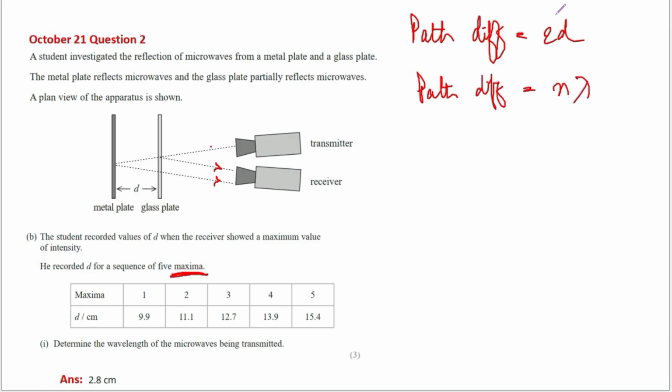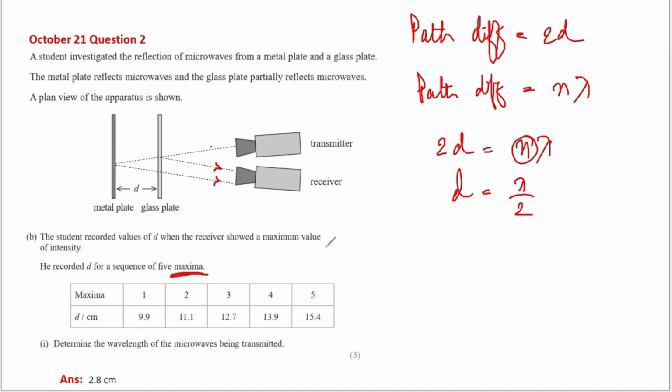And here you have a path difference of 2d, which should be equal to n lambda. So this distance d is actually lambda by 2 for consecutive maxima, bringing the 2 to the other side.